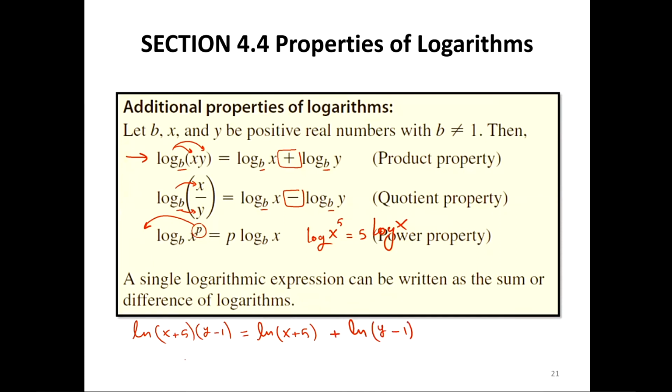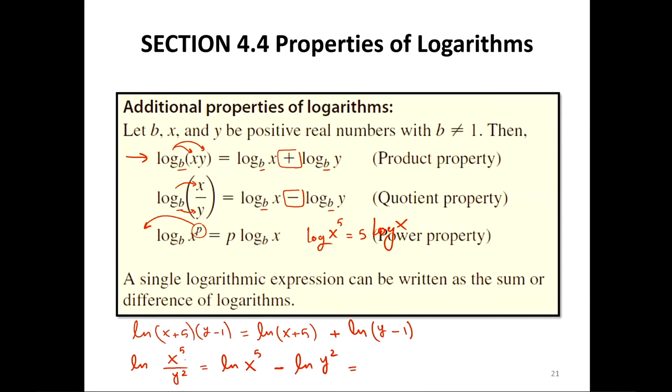If we have, for example, ln of x to the power 5 over y squared, we can distribute the ln in the numerator minus ln in the denominator.